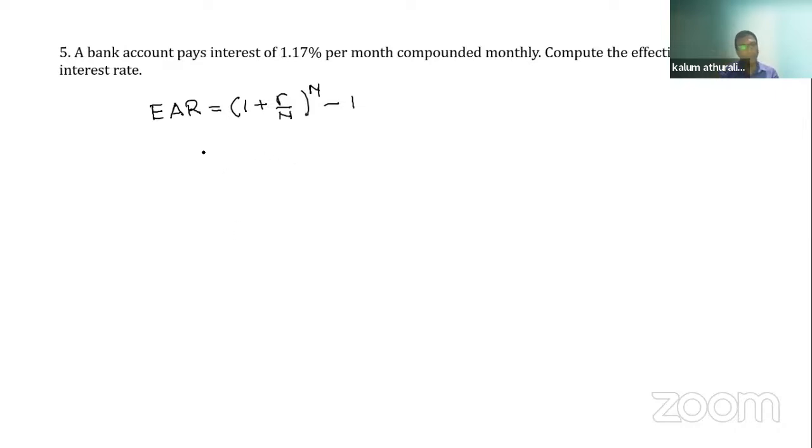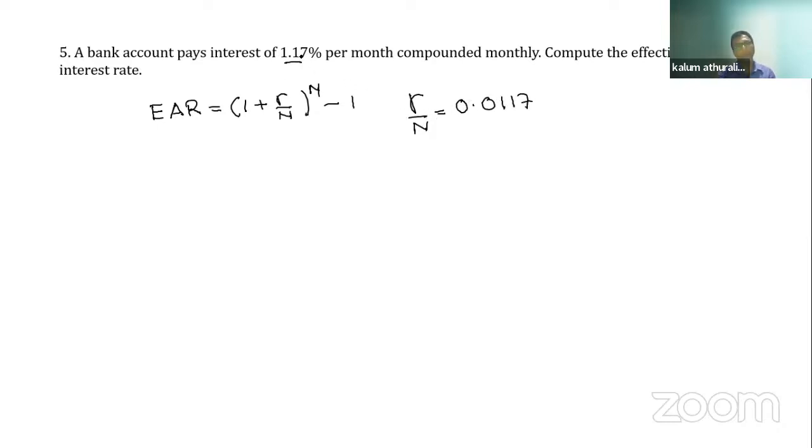Now, R over N: R is the annual interest rate, N is how many times compounded annually. Then N is 12. Annual interest rate divided by 12 means monthly interest rate. It is given, R over N is 0.0117.